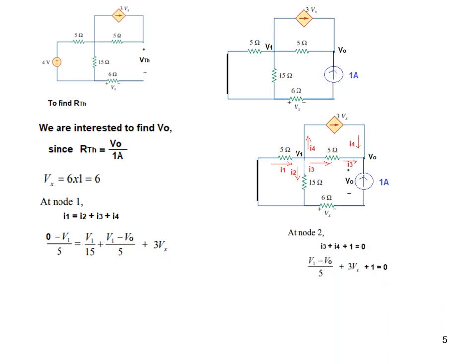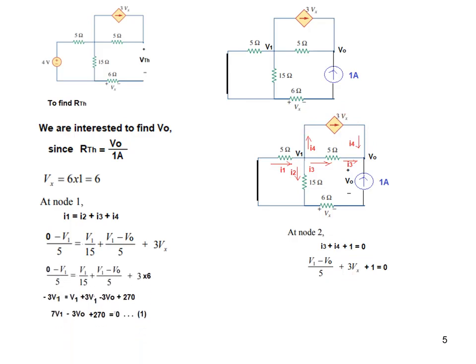Okay, second node, also we write the equation. I3 entering, I4 entering, and 1 ampere entering. So I3 plus I4 plus 1 equals 0. And this also we convert into voltage. This one is V1 minus V0 over 5. I4 is 3Vx plus 1.